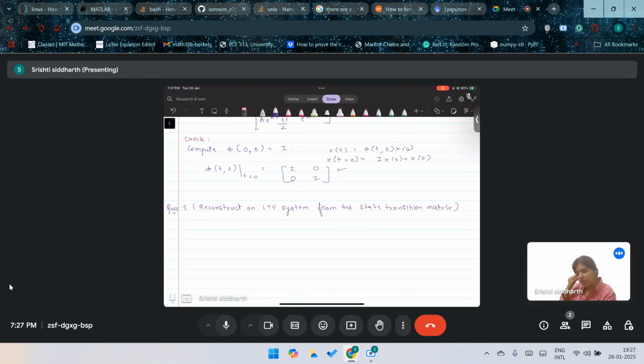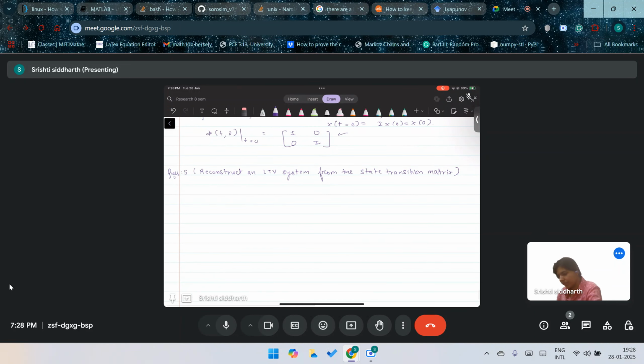So in the previous question, we were given the system, that is a differential equation for the LTV system, and we were asked to find the state transition matrix. Now this question is opposite to that. In the sense that we have been given a state transition matrix and we have to find out what the LTV system is. So this means that we have to find the matrix A.